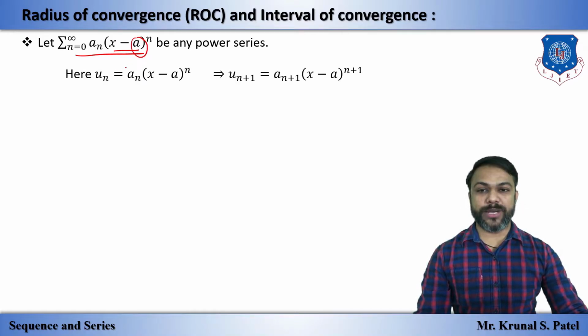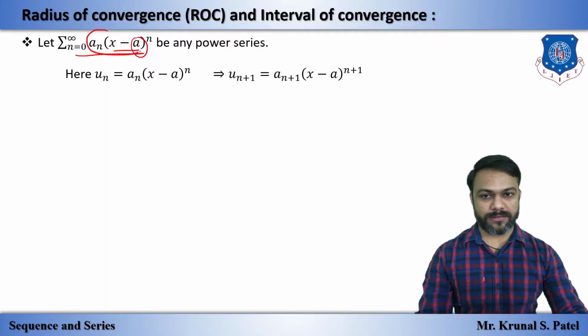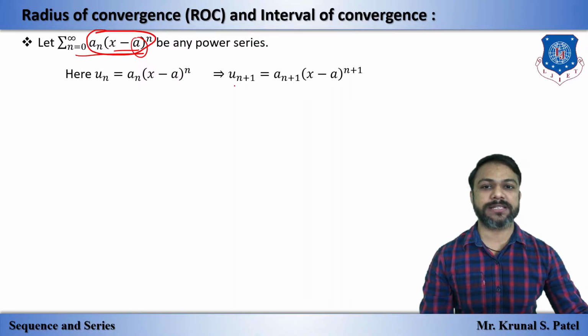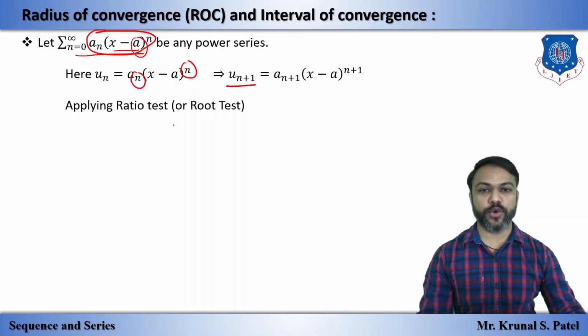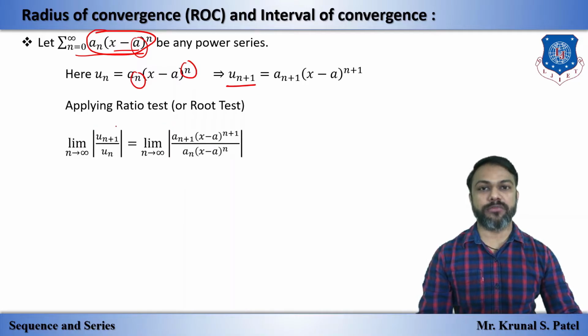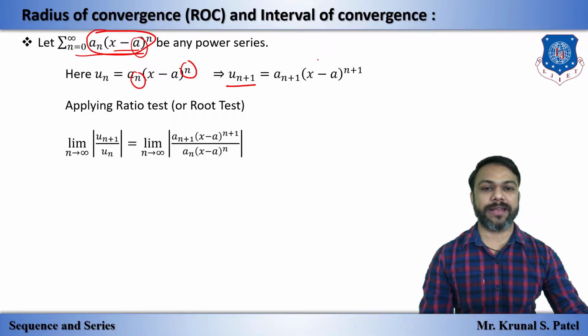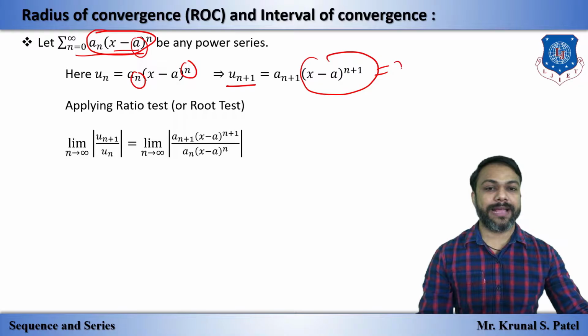So here this entire term is un. We can use the ratio test with un plus 1, so this n becomes n plus 1 and the power becomes n plus 1, taking the limit of the magnitude of un plus 1 by un. We can write this term as x minus a raised to n into x minus a.